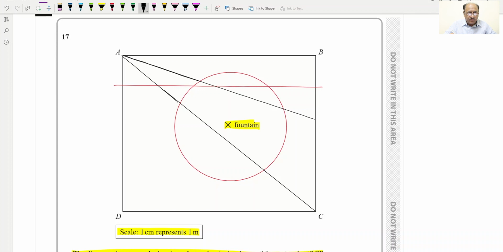After drawing this angle bisector, now we need to shade the area.